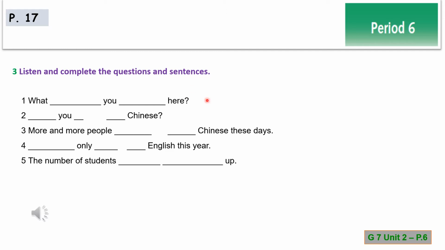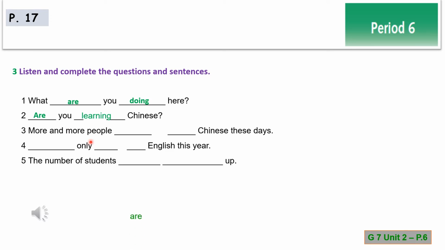Okay, have you completed the sentences? Let's do them one by one. Number 1. What you hear. What's the answer? Yes, good. What are you doing here? Thank you. Number 2. You Chinese. Are you learning Chinese? That's true. Good. Number 3.